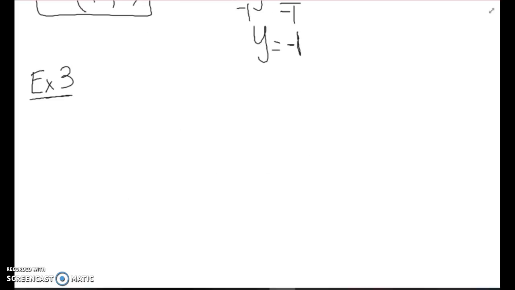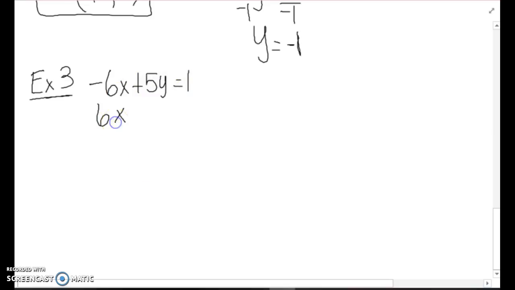All right, so now I'm going to do example number 3, and please make sure you have all these examples. Negative 6x plus 5y equals 1. Positive 6x plus 4y equals negative 10. I want you to solve this problem on your own. First, what variable eliminates?